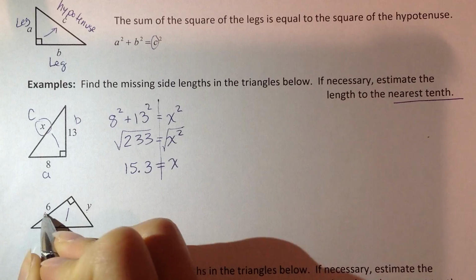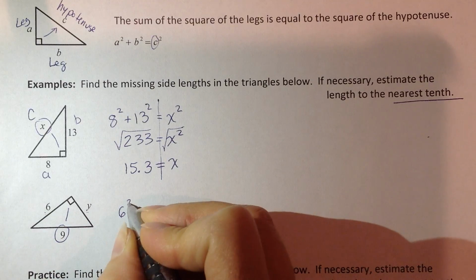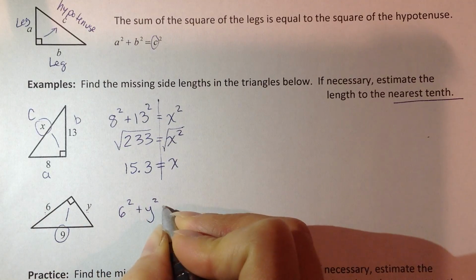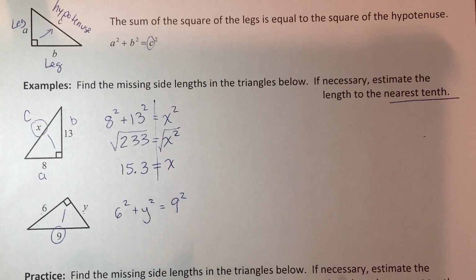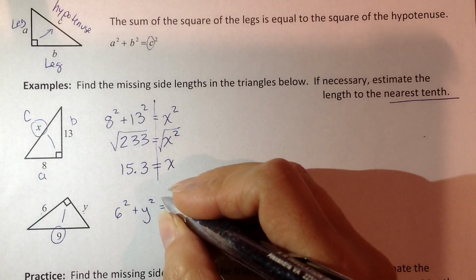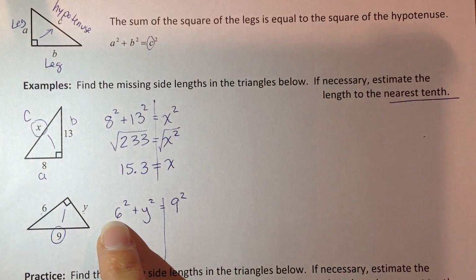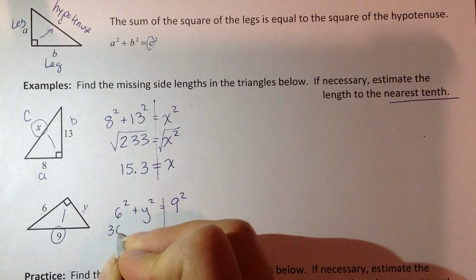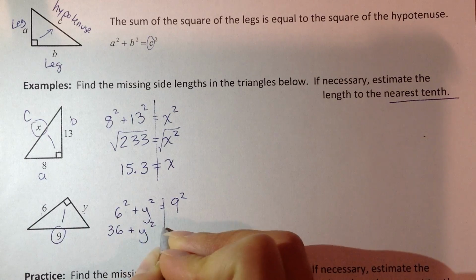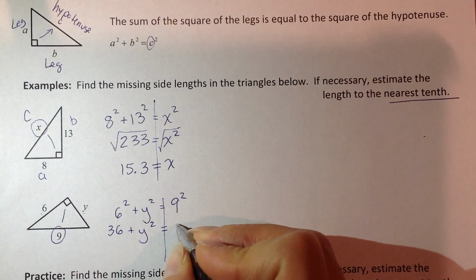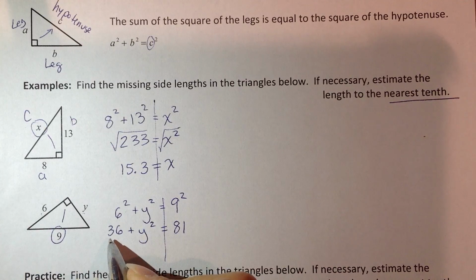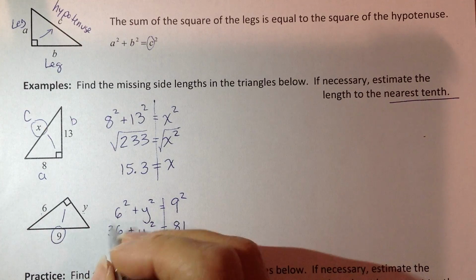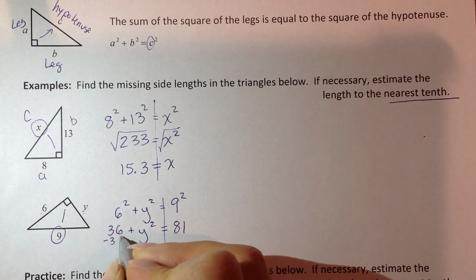This is my A and B, so 6 squared plus y squared equals 9 squared. Now with the algebra in this one, I'm going to have to do these separately because I'm going to have to get y alone. 9 squared, 81. So to get y alone here, I now need to move 36 to the other side. I'm going to do that with my inverse operation. I'm going to subtract.